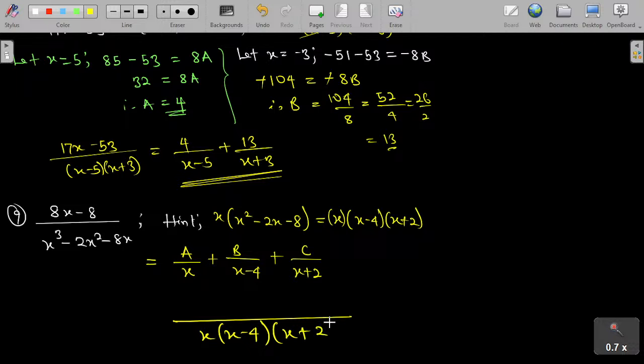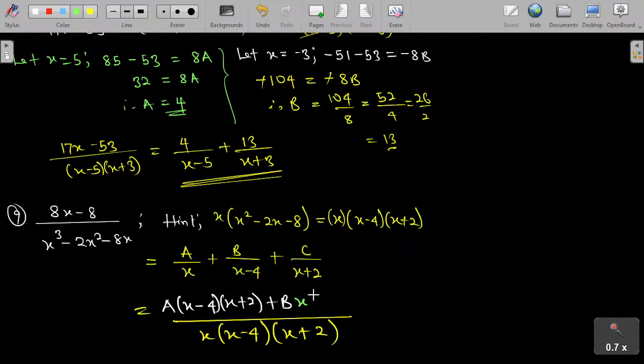Okay, and when you do that, you are going to have a here. Of course, x will cancel and then these 2 will remain. So a will multiply those 2, x minus 4 and x plus 2. Then plus b, the denominator of b will cancel, and so x and this one will remain.